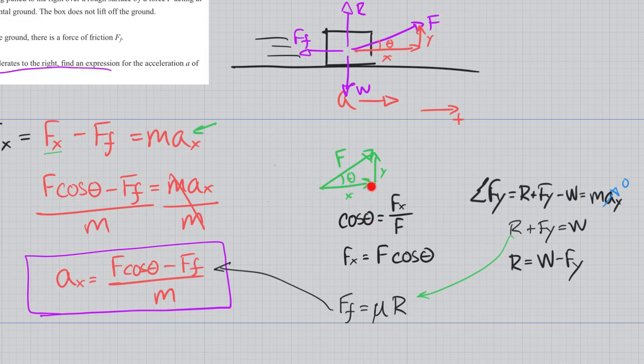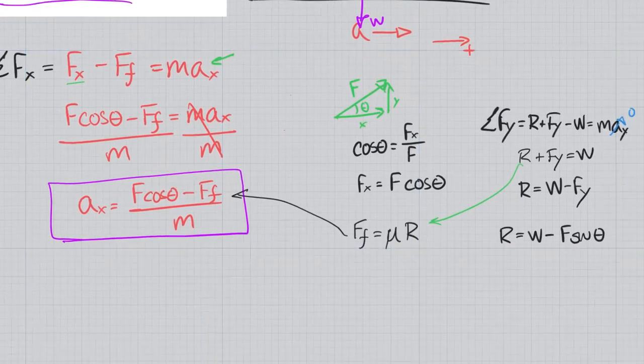And if we can solve for the force in the x, we should be able to solve for the force in the y. It would essentially be the same thing, but instead of the cosine, we would use the sine for that y side. So we could rewrite R as equal to the weight minus the pull force times the sine of theta.